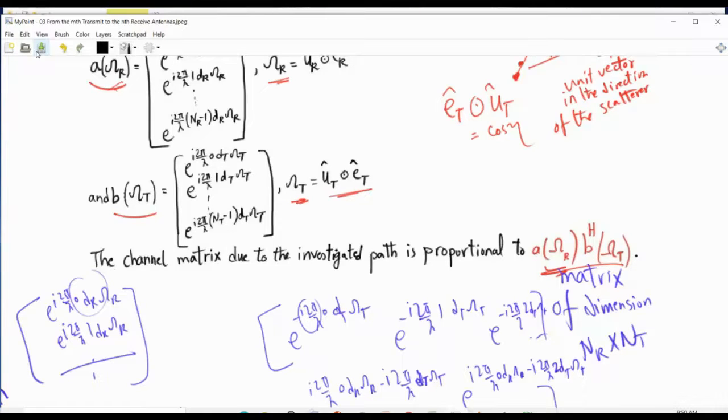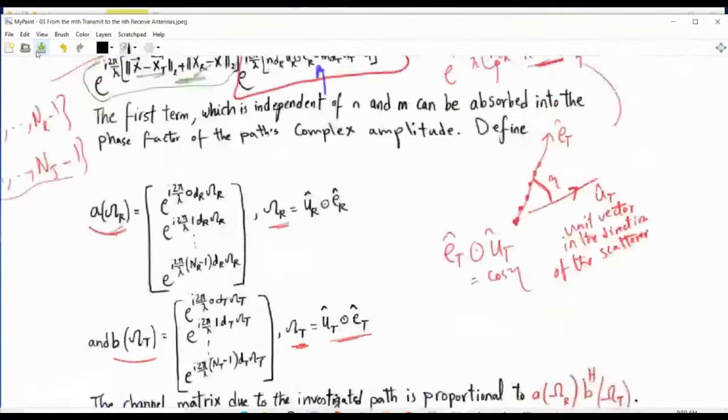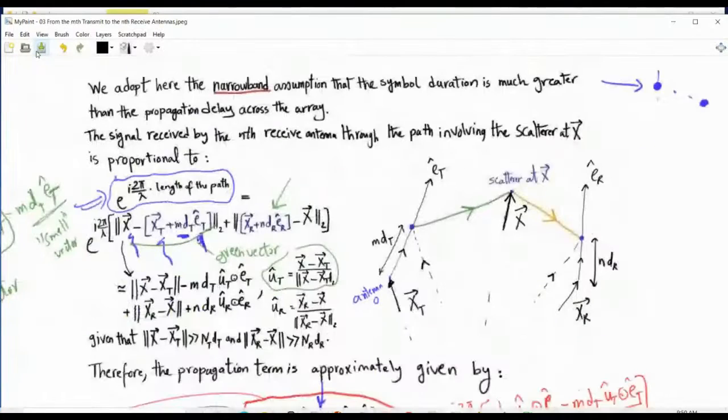Yes, Professor. What is the role of the narrowband assumption in this derivation? Without it, this is not true. We say that the received signal has some amplitude factor and is proportional to this guy. This is an assumption.